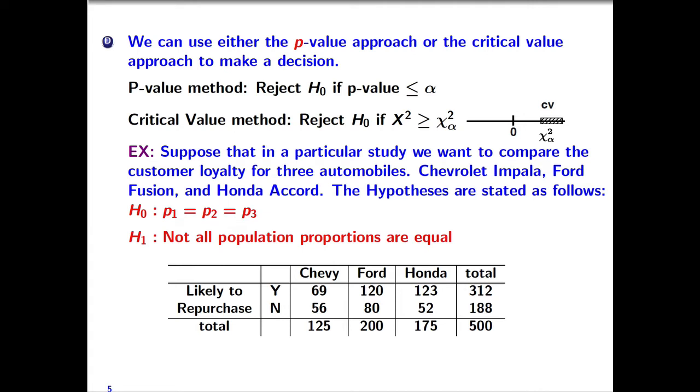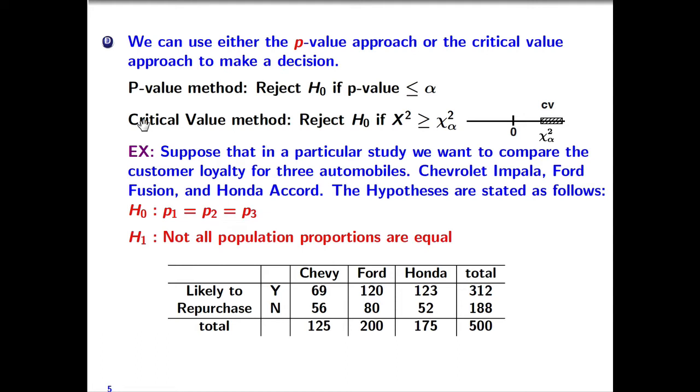We can use either the p-value approach or the critical value approach to make a decision. For the p-value approach, we reject H0 if the p-value is less than or equal to alpha. Keep in mind this is an area versus another area, or you could say a probability versus another probability.